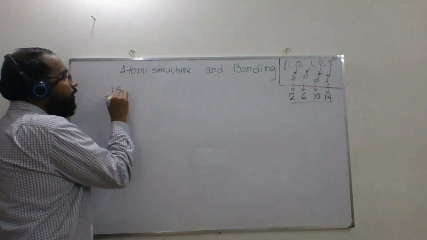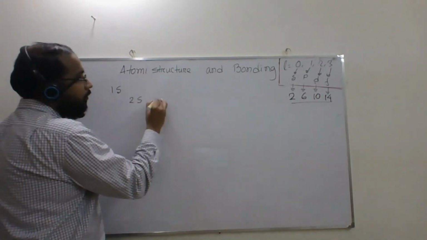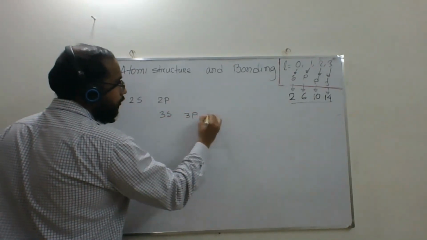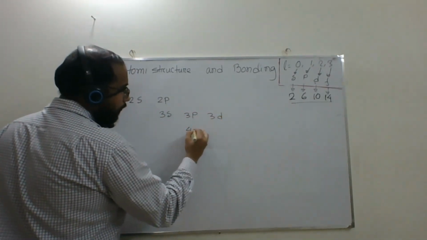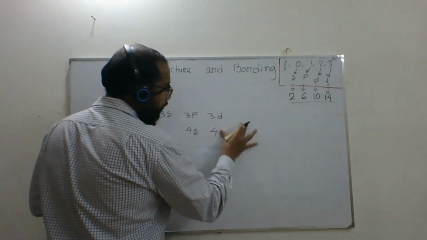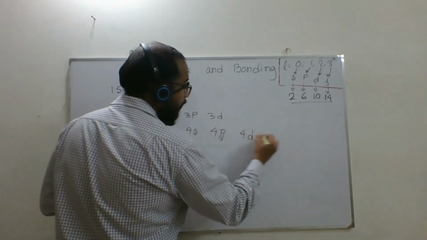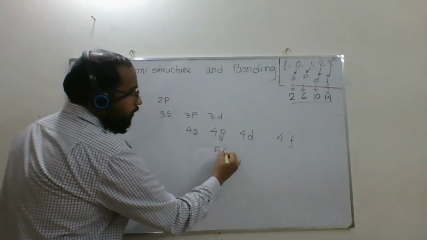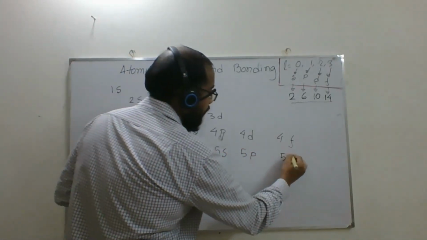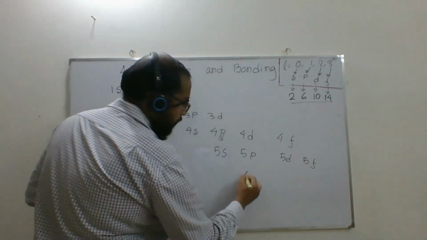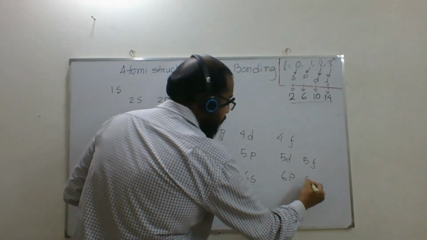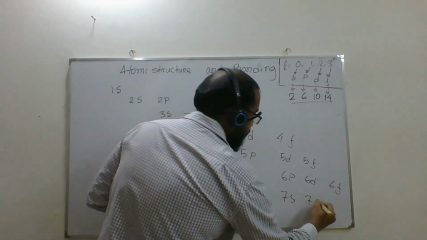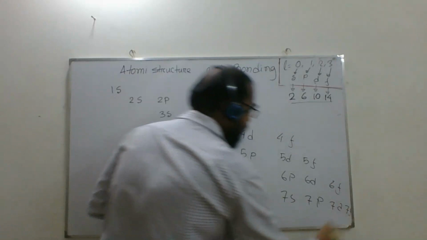I write 1s, then 2s, 2p, 3s, 3p, 3d, 4s, 4p, 4d, 4f, then 5s, 5p, 5d, 5f, 6s, 6p, 6d, 6f, 7s, 7p, 7d, 7f.